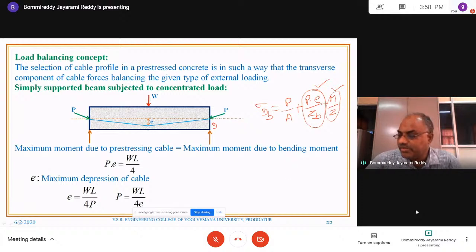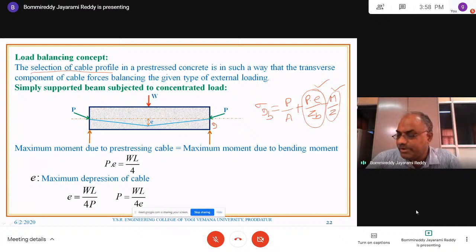And similarly at the center, where the bending moment is more, that entire bending moment will be balanced by the pre-stressing force. So here the shape of the cable is more important. The selection of the cable is more important. It is clearly given that the selection of the cable is such that it produces the same effect as that of the external load.